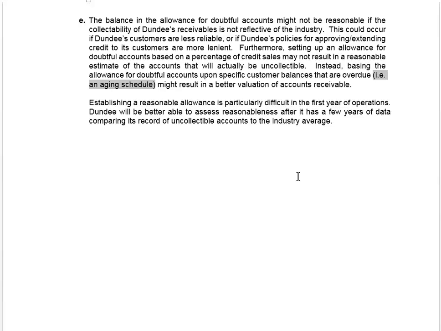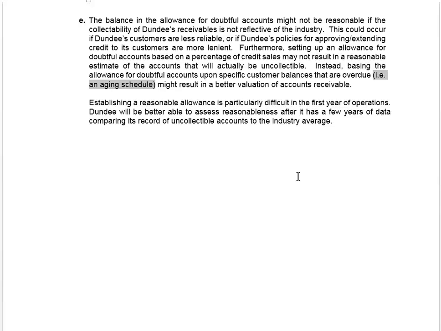But if we're doing our final financial statements for the entire year, and we're doing our balance sheet or statement of financial position at the end of the year, our best bet to get a more accurate read on what we should be putting in that allowance would be probably to use an aging schedule. So what some companies do is they might use the percentage of credit sales just during the year for internal accounting reporting purposes, but then at the end of the year they may turn around and say, well, I need a more exact number.